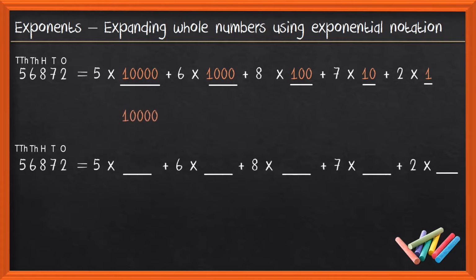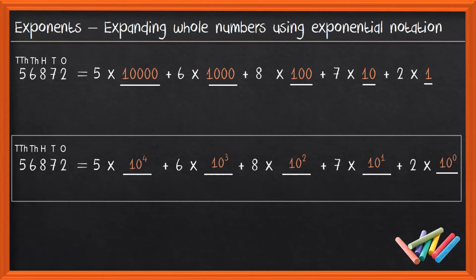10,000 is 10 repeatedly multiplied 4 times and is equal to 10 to the power of 4. 1,000 is 10 to the power of 3. 100 is 10 to the power of 2. 10 is 10 to the power of 1 and 1 is equal to 10 to the power of 0.